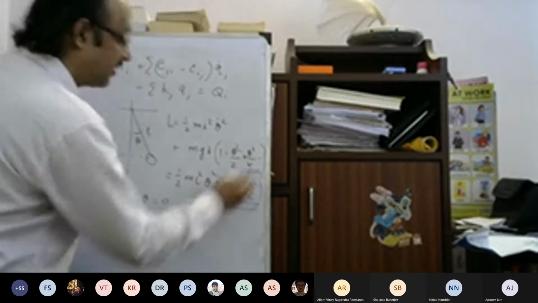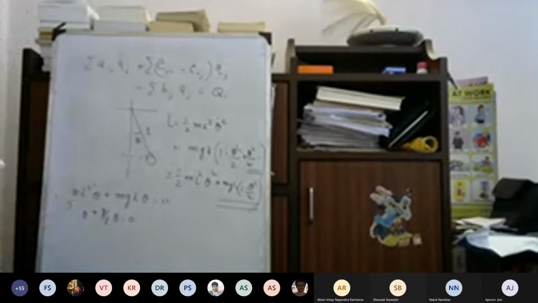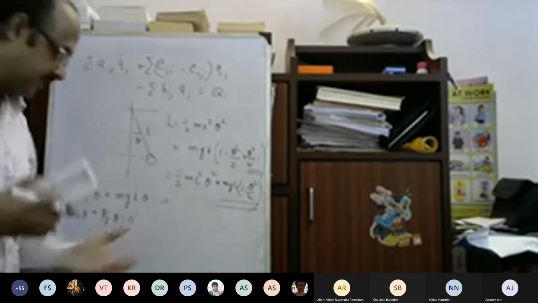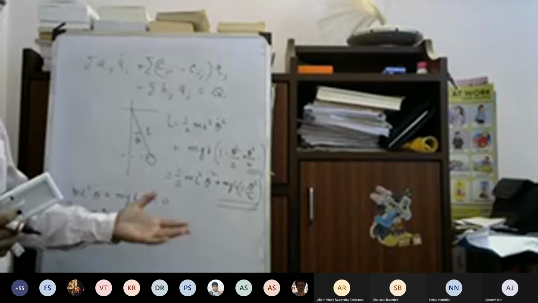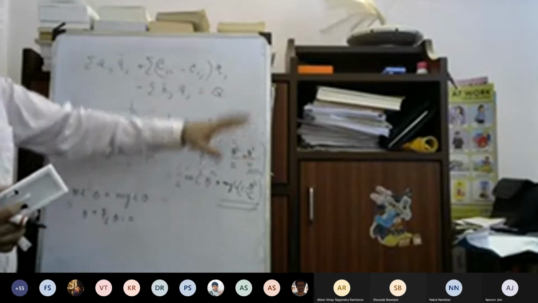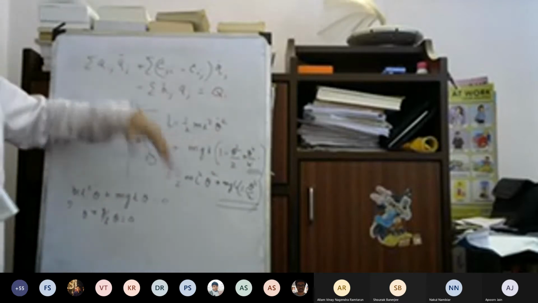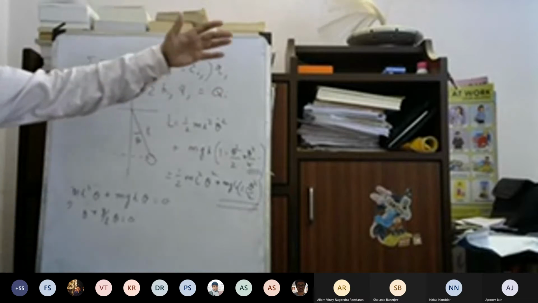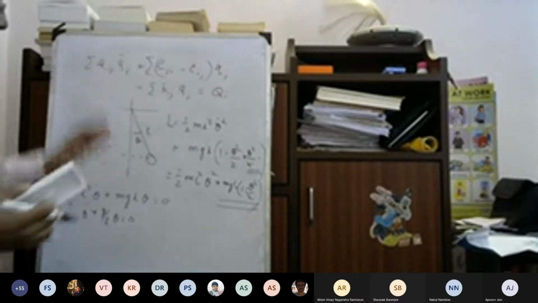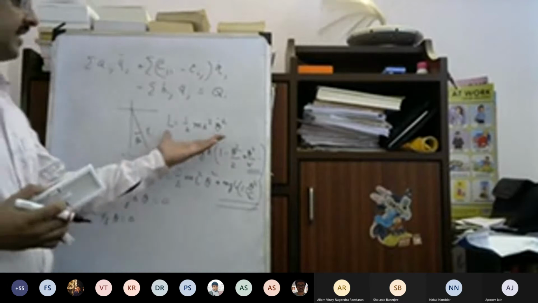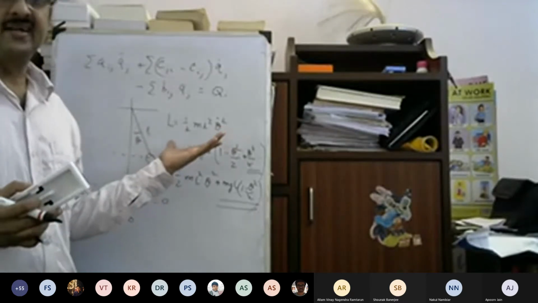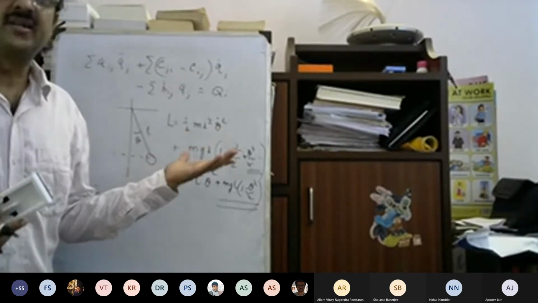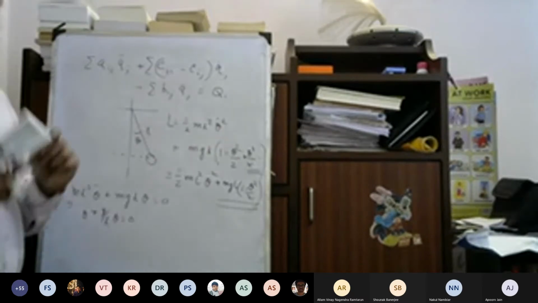We can either get the equation of motion and then linearize, or at the beginning we can linearize the Lagrangian, and then we'll also get the same set of linear differential equations. Linear differential equations will be possible when the Lagrangian has only quadratic terms and not more than quadratic terms. This is the important thing which you remember.